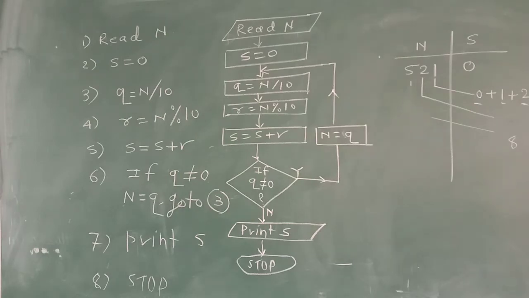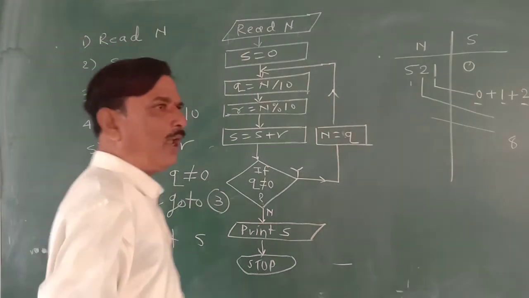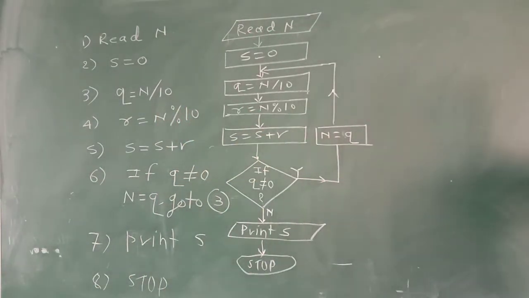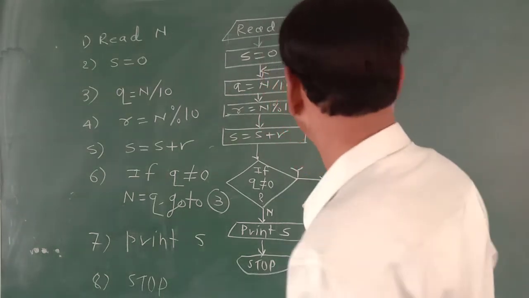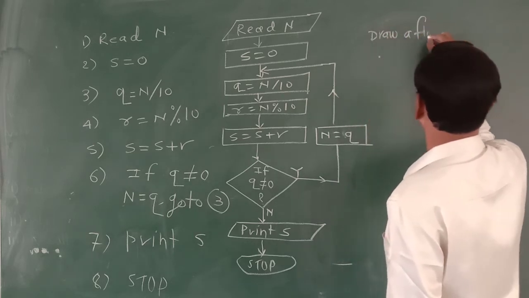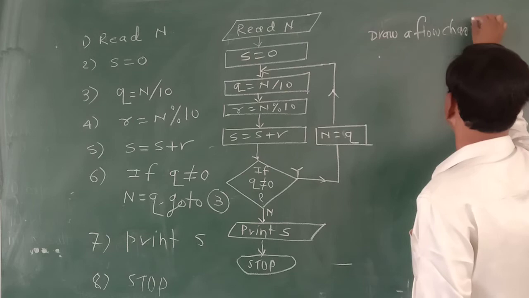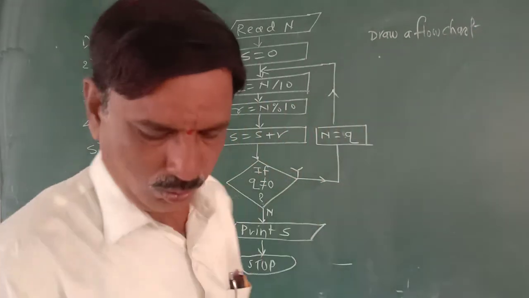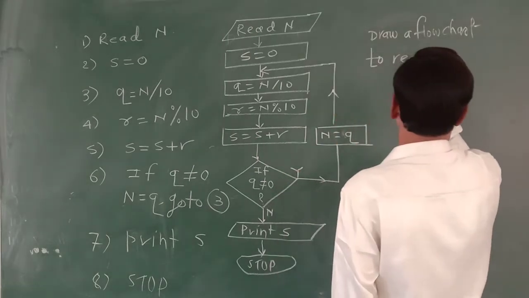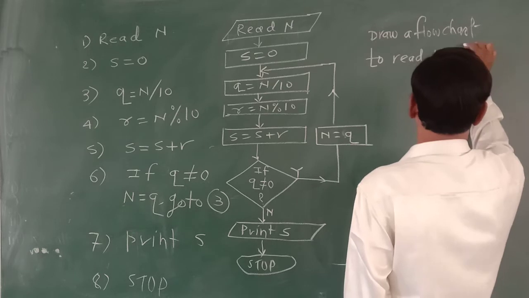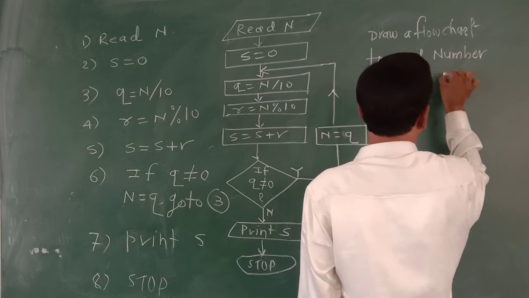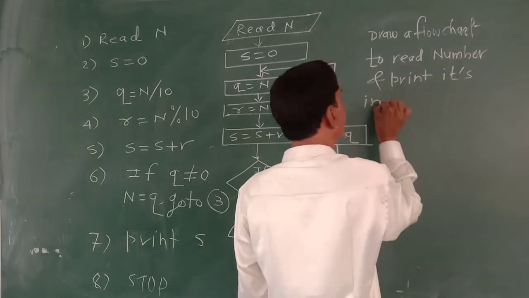Now, on the same basis, we are going to draw one more flowchart on the same logic. Draw a flowchart to read a number and print its digits in reverse.